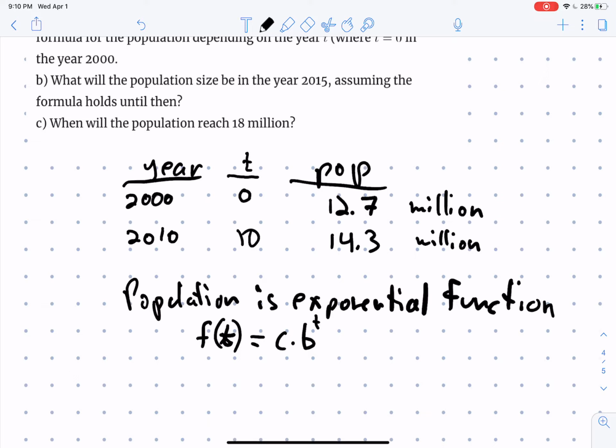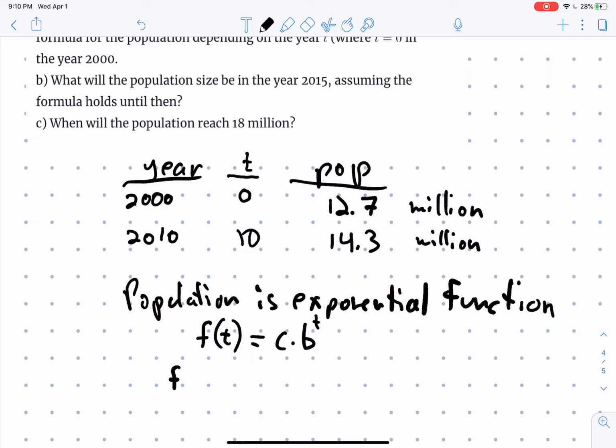Okay, and what do we know? Well, f of t is equal to c times b to the t. We also know that at time 0, the population is 12.7 million.